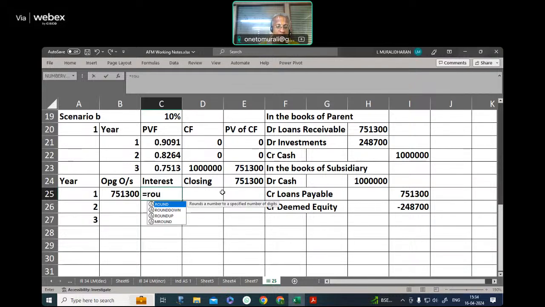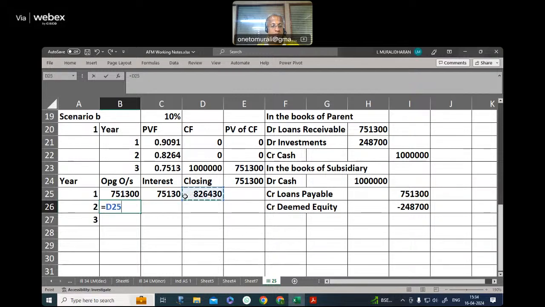Interest is to be calculated at the rate of 10%. On this, apply 10%. Closing is opening plus interest accrual. So here it is going to be 10 lakhs. If that be the case, what is the amount that we are expected to take up?